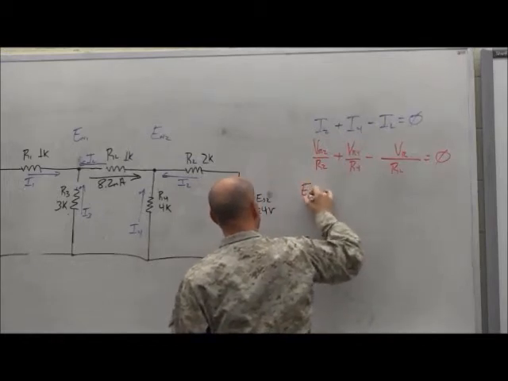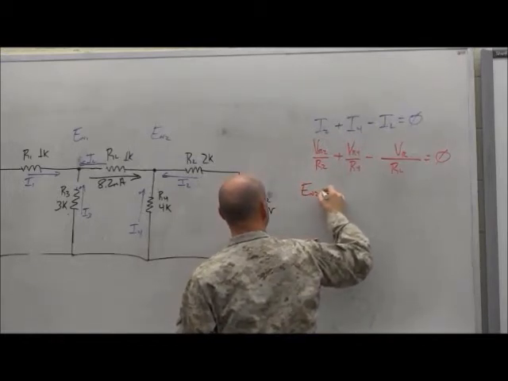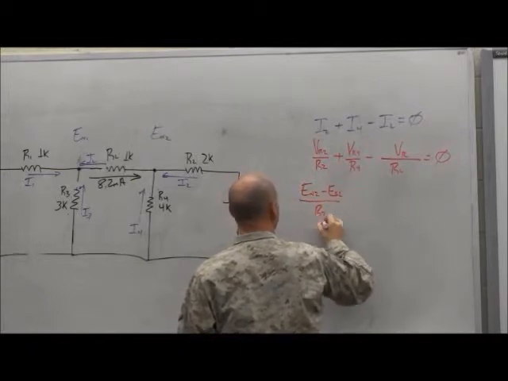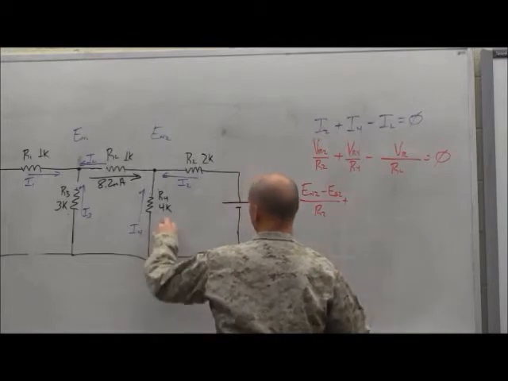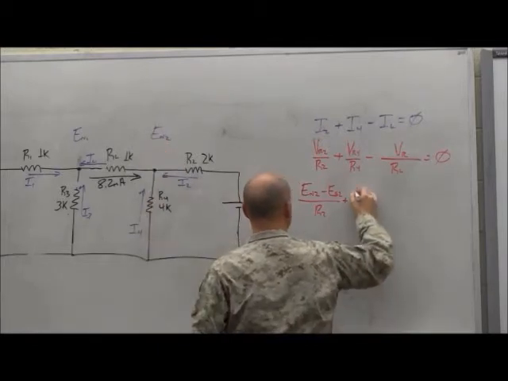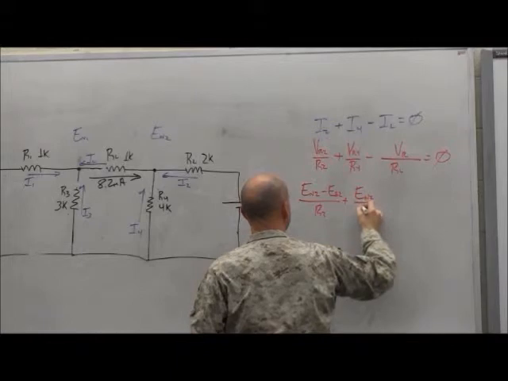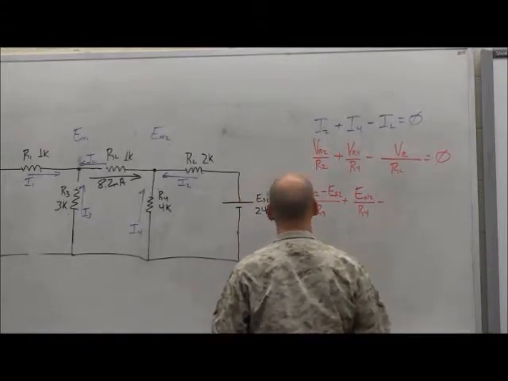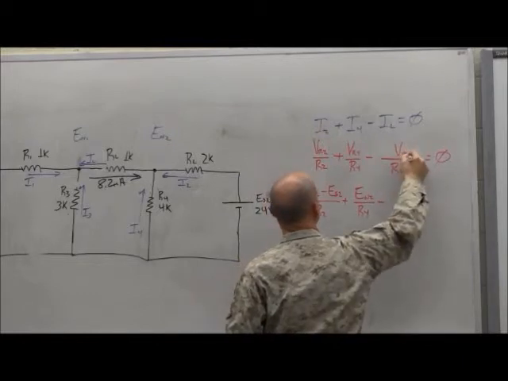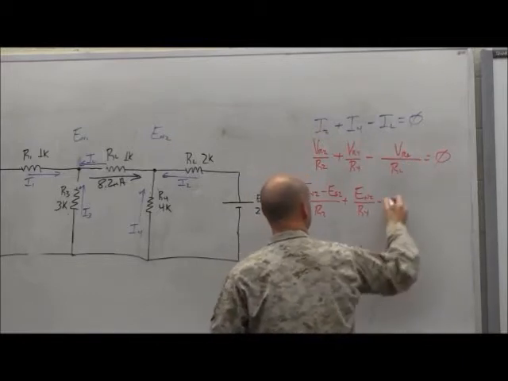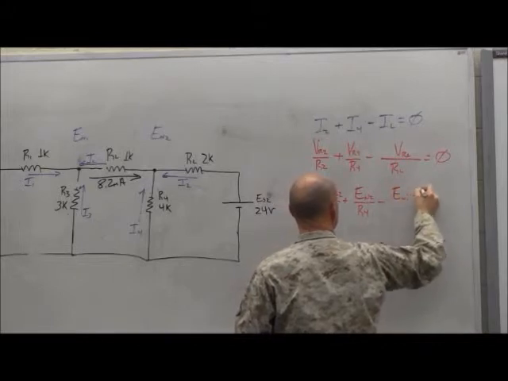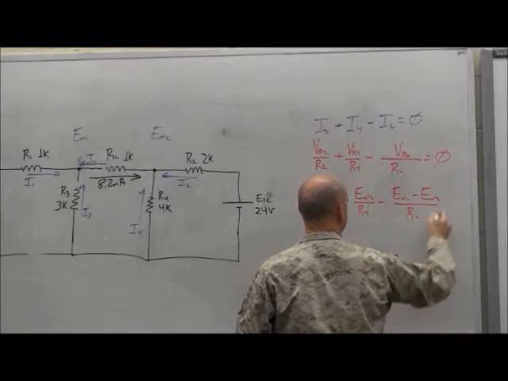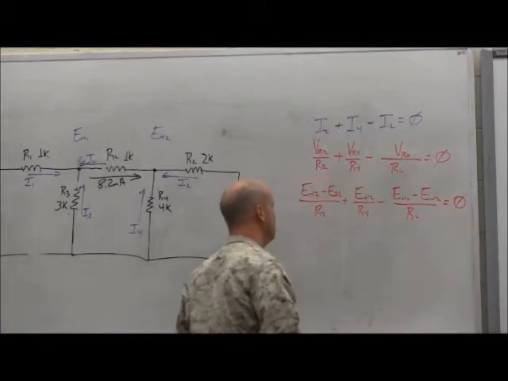So EN2 minus ES2, all again over R2, plus the voltage of R4 is going to be EN2 over R4. And lastly, minus the voltage of the load resistor, which is going to be EN1 minus EN2 all over the value of the load resistor, still all equal to 0.